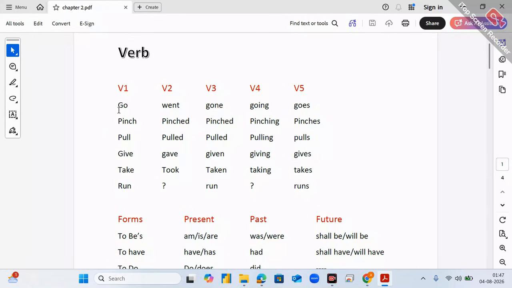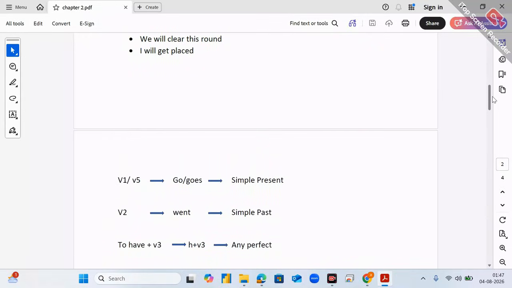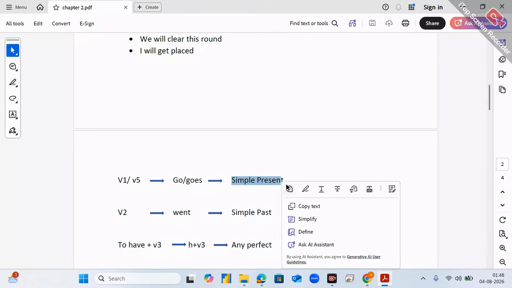Means simple pure form of verb and the verb which has s or es written at its end. So likewise you need to go and check V1 or V5, go or goes. So it is simple present tense. Hope you guys are understanding what I am trying to tell you. Okay, so it is simple present tense.